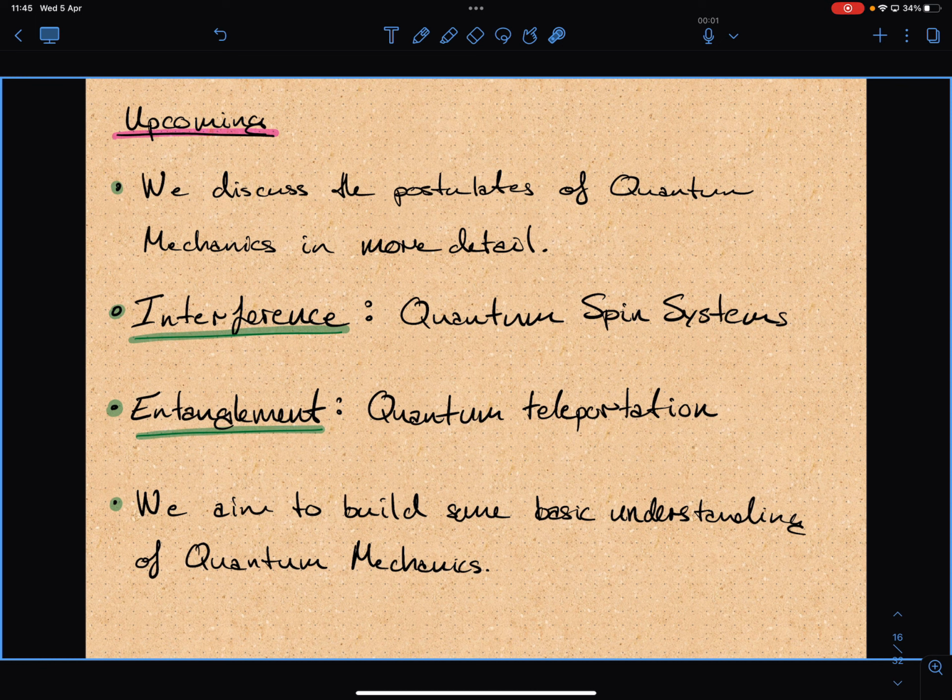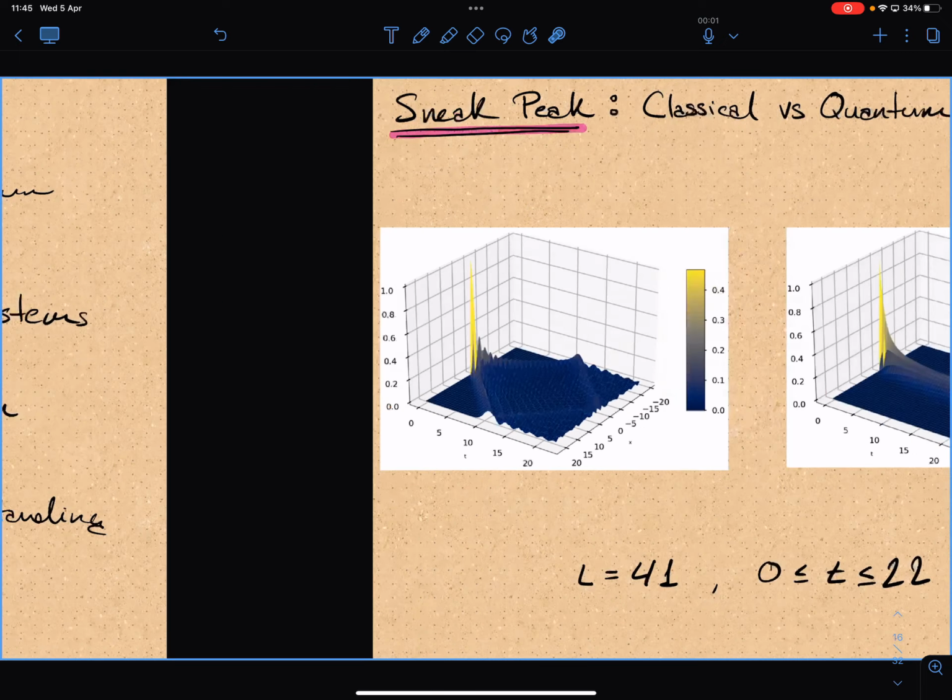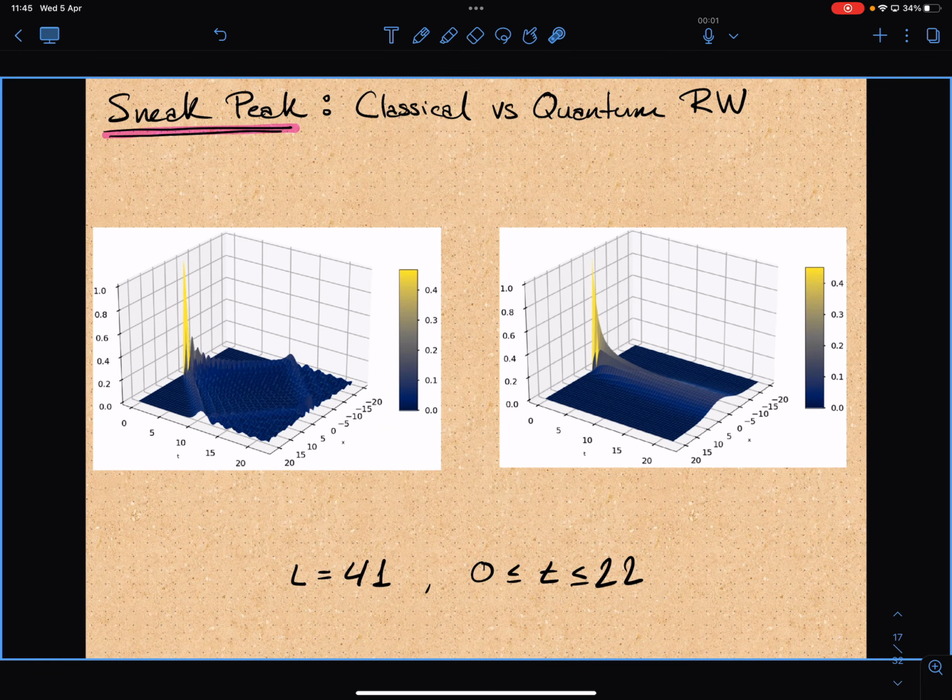The goal initially is to build a basic understanding of quantum mechanics and try to understand these two phenomena, interference and entanglement. The sneak peek for the interference is these two cases.